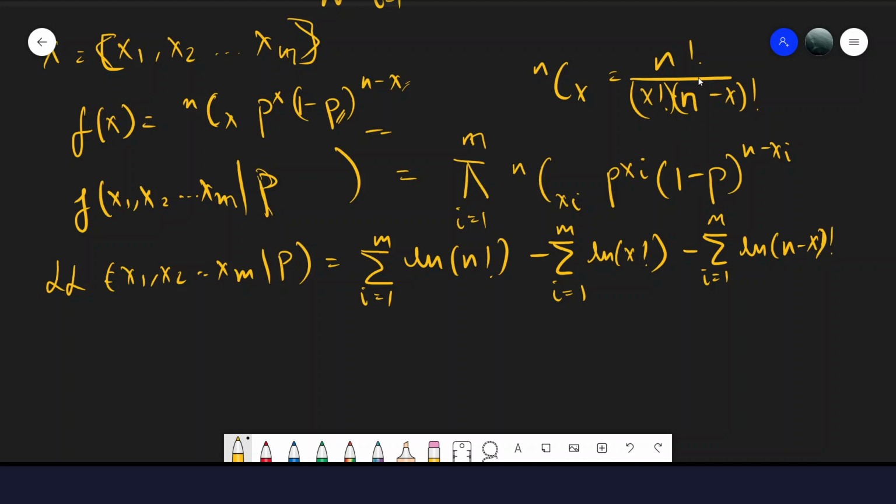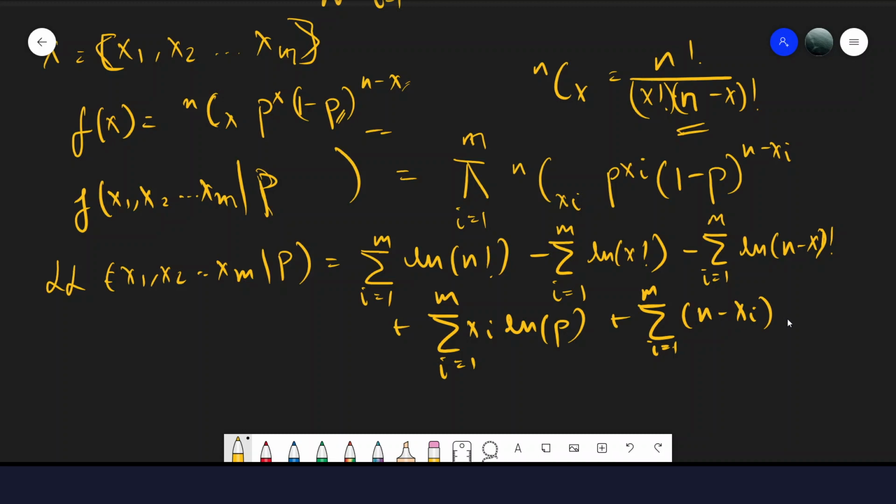What I've done is I've just taken the log over here in this part, plus sigma xi ln p, i equals 1 to m, plus sigma i equals 1 to m (N minus xi) ln of (1 minus p). Okay, that's all I've done. I've just taken the log in front of this and expanded it in natural logarithm.